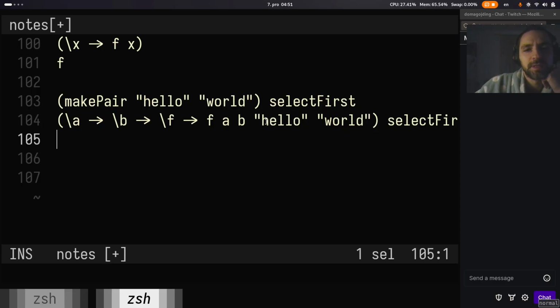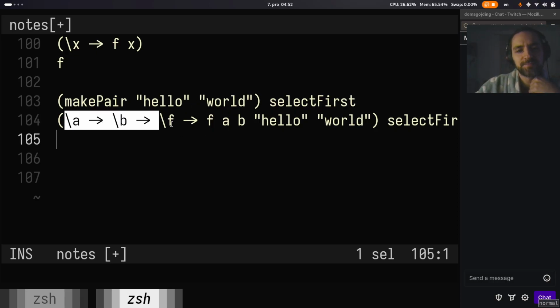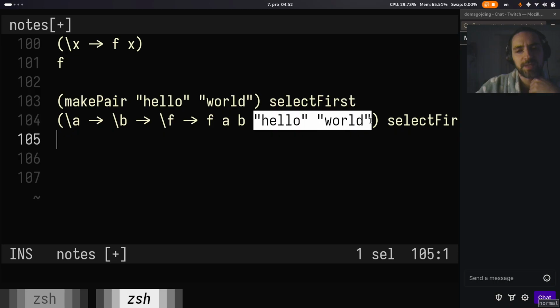Okay. So what do we have here? We have a function here, right? And here we have some values, or I guess you could say some arguments to this function.